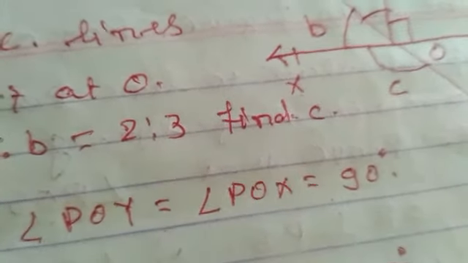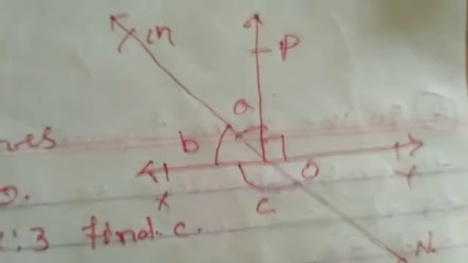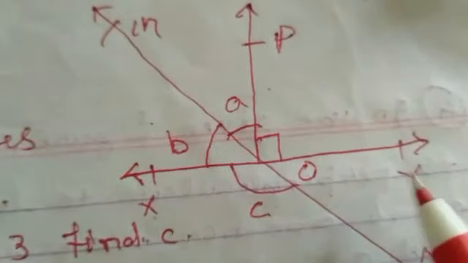Students, first of all, we draw a rough sketch of the figure. This is a line XY on which another line OP is perpendicular, making angle POY equal to 90 degrees.